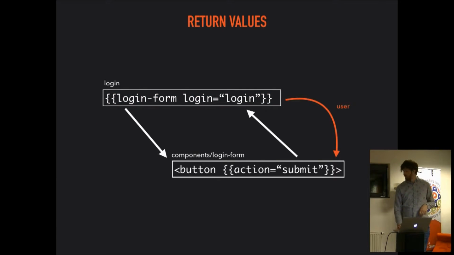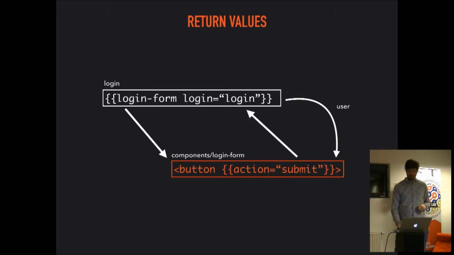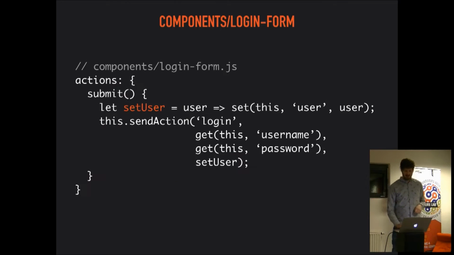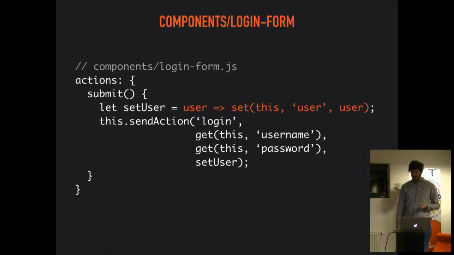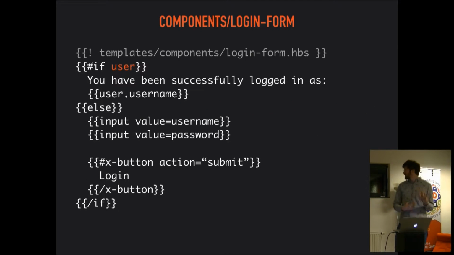And then it will flow back to our login form, and the setUser callback we supplied gets called with the user we called back, and then the user will be set on your component, and then user will be true.